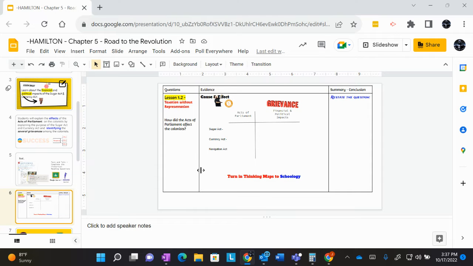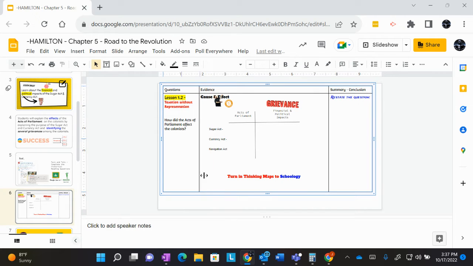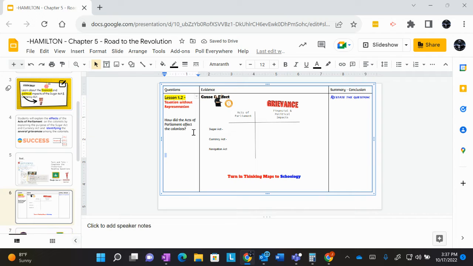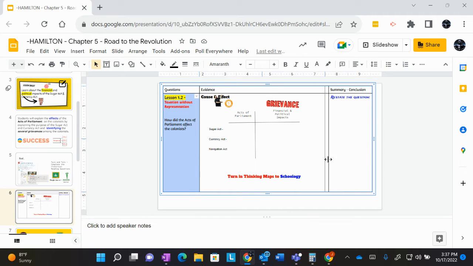I've done that already, and I can just click on these lines and drag them to where I want them to go. Any text that is here will automatically format. When I hover my I-beam over these lines, it changes, so it allows me to click and drag. And I can move this to give myself more space.